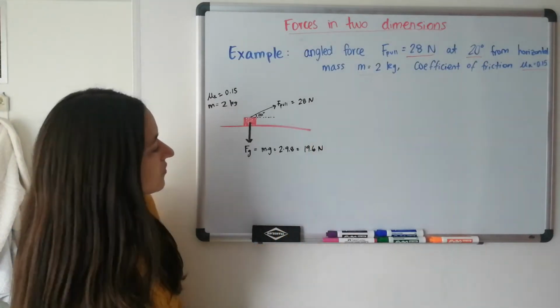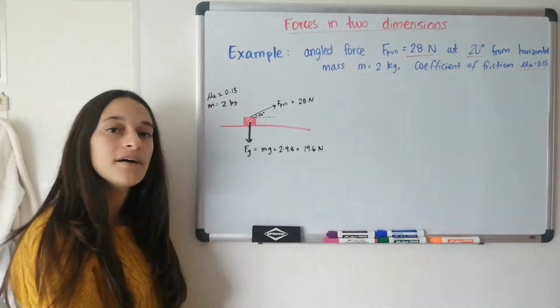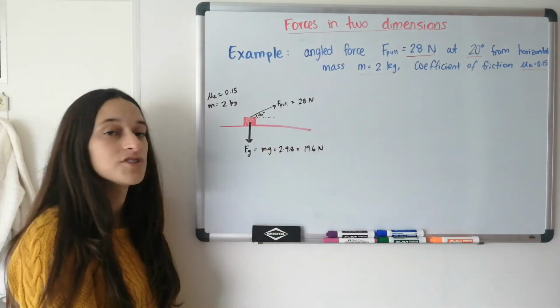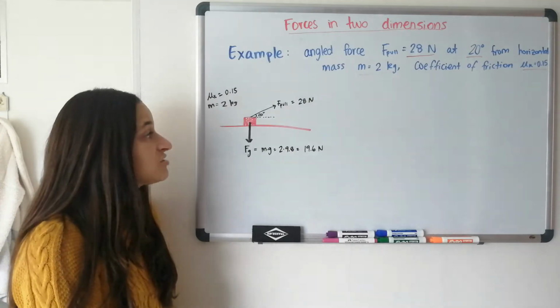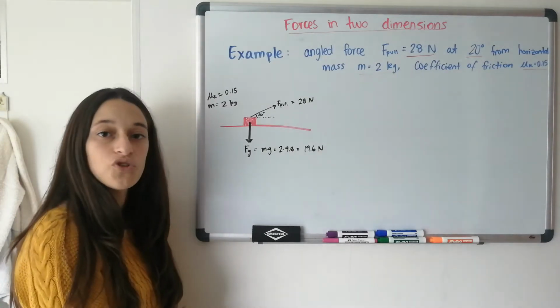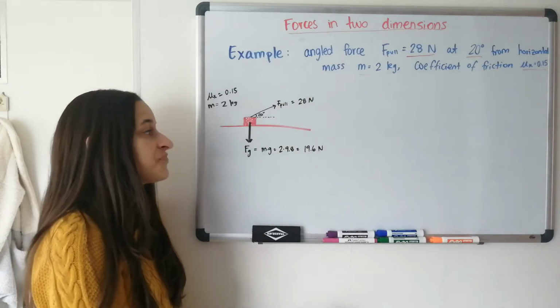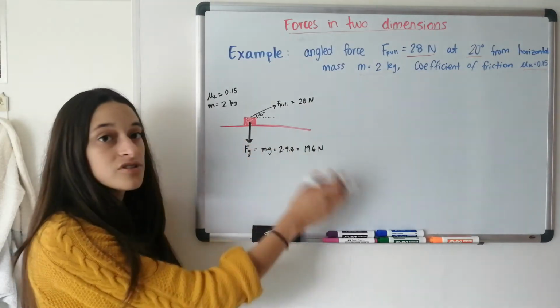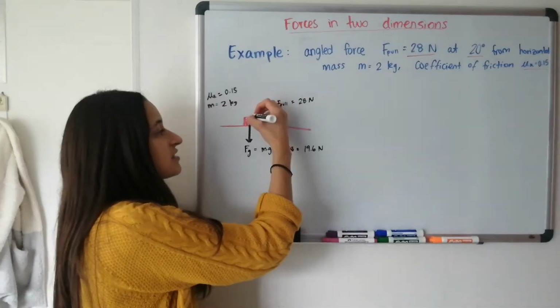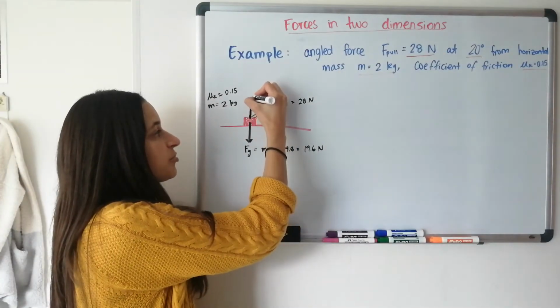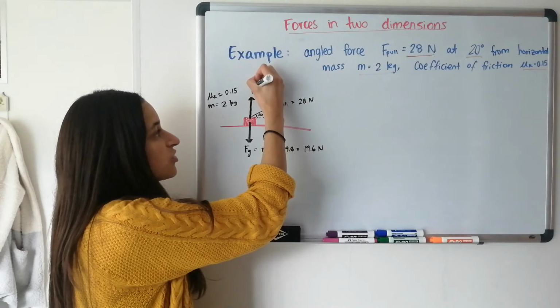newtons. So that's gravity. Now, objects that are on top of a surface will always have a normal force acting on them. So we need to include normal force, which is always perpendicular to the surface. In this case, the surface is horizontal, so the normal force has to be vertical, pointing upwards.